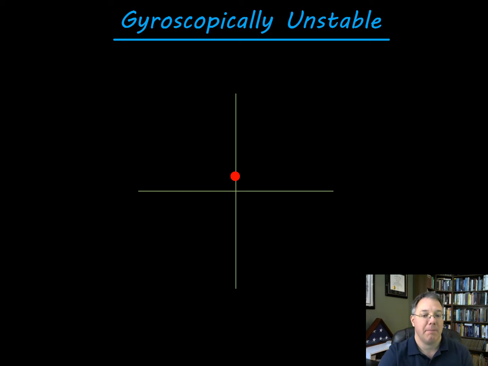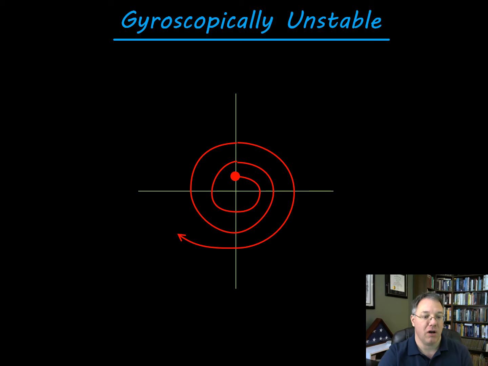If we are gyroscopically unstable, we're going to have some spinning, and that spin is going to grow, because we're unstable. It's going to just keep getting larger and larger until we hit a point of tumbling out of control. Once we hit a high enough angle, then pressure forces from the air acting against the larger presented surface area are going to tip that thing over, and then we'll lose control of our projectile. So that's gyroscopically unstable, that it's going to be spinning around, and it's going to get larger and larger.